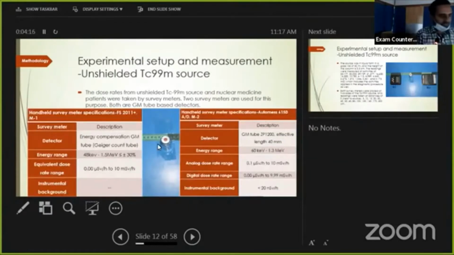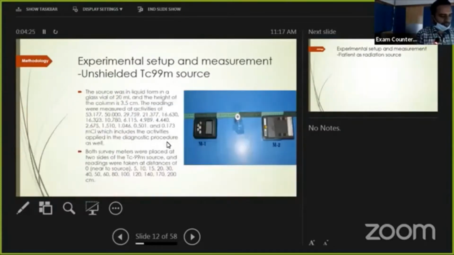Both survey meters have these specifications, as you can see here. Both are compatible with the energy of this technetium-99m source. We have taken readings at many distances, from zero, that means at the surface, to almost 2 meters, that is 200 centimeters.